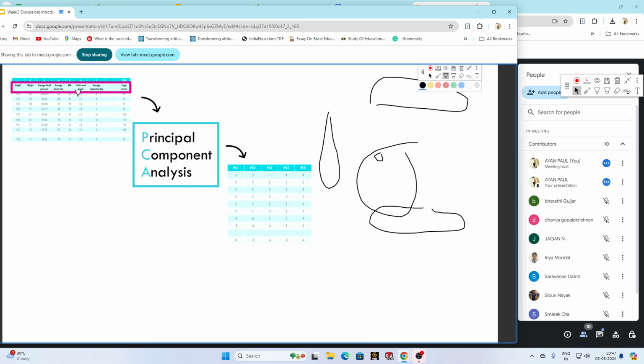Those variables that are very closely related to each other, we can combine into one input, and we can call it one principal component.